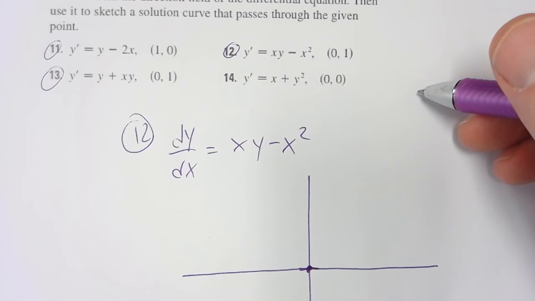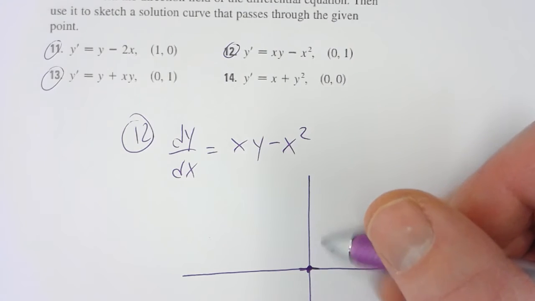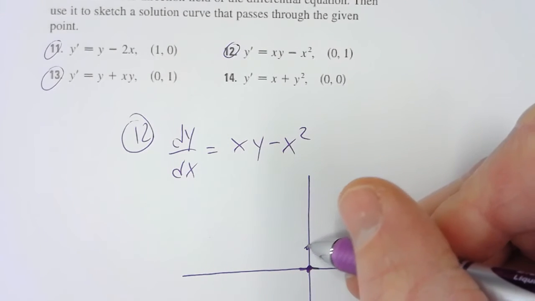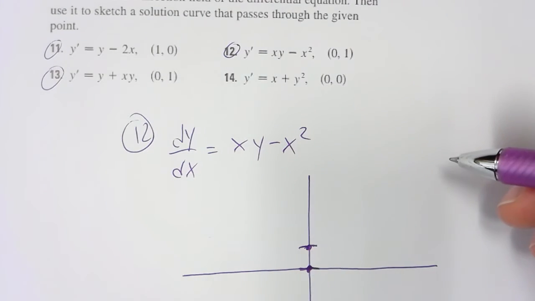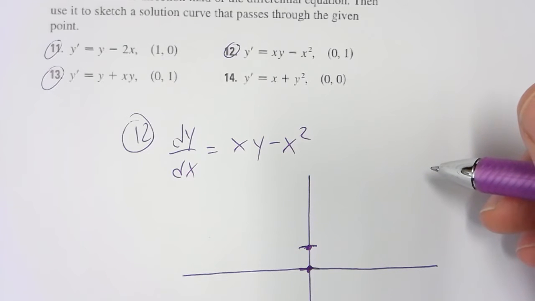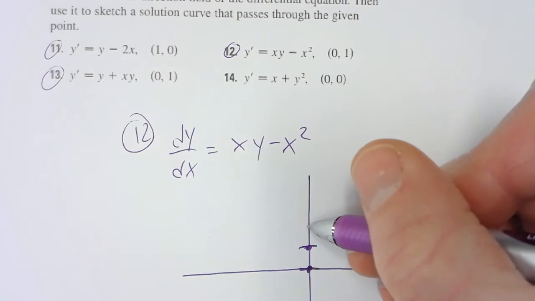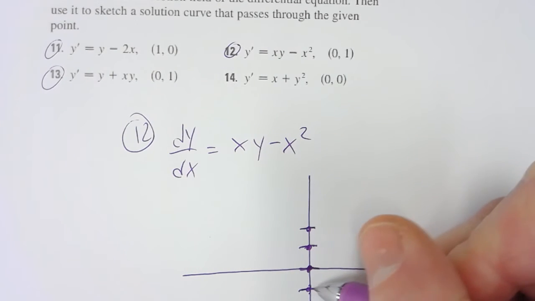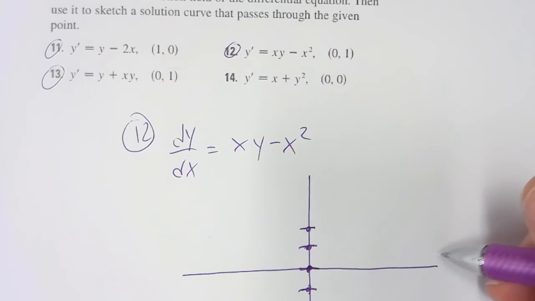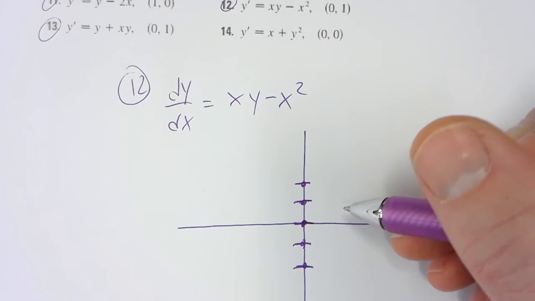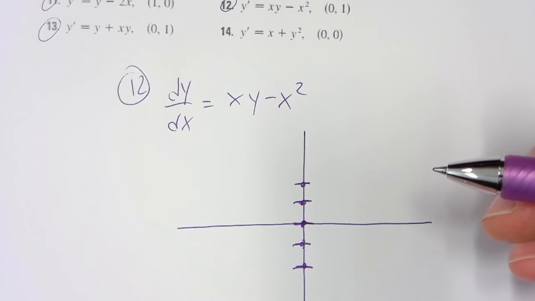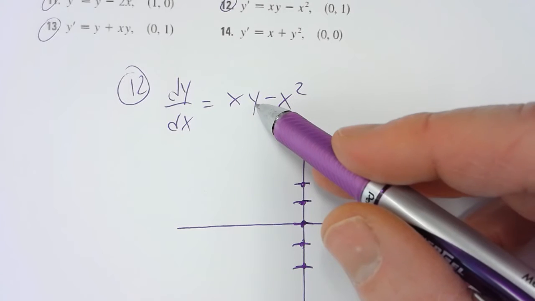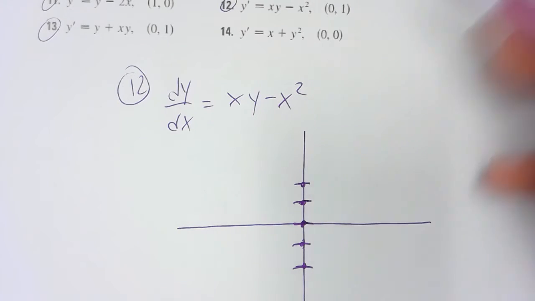So y is 1, it's still going to be 0, isn't it? 0, 2 is still going to be 0, isn't it? Okay. So anywhere x is 0, it's going to be 0, isn't it? Because that's going to cancel that out, so it doesn't matter, that would be 0.